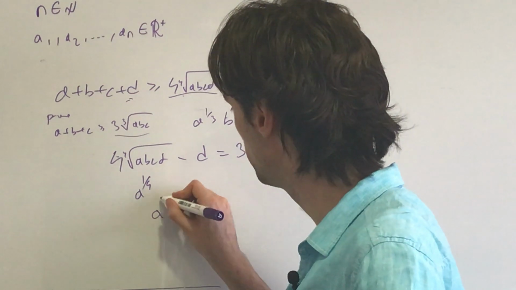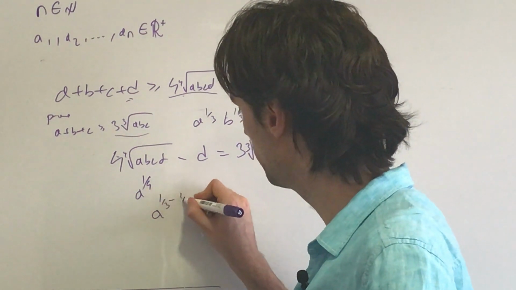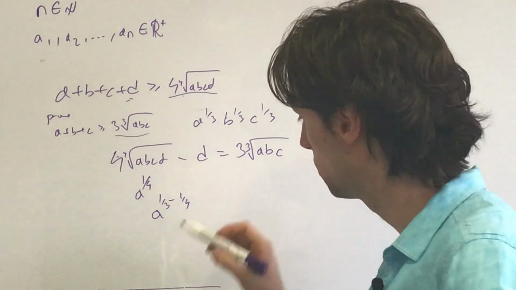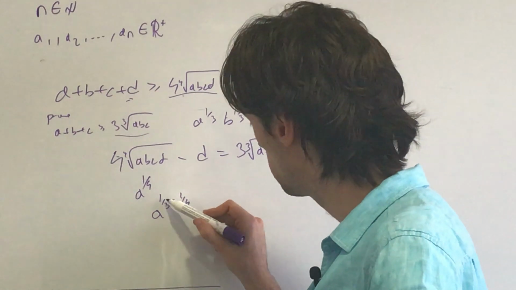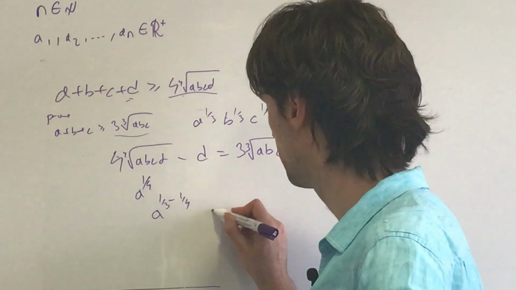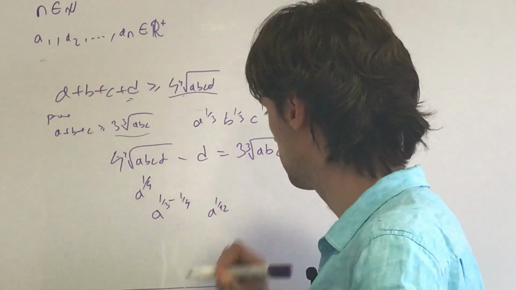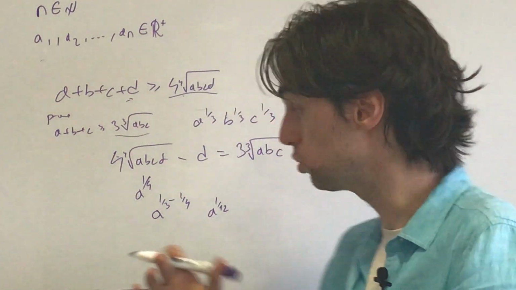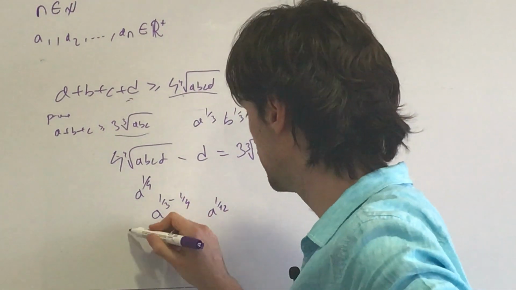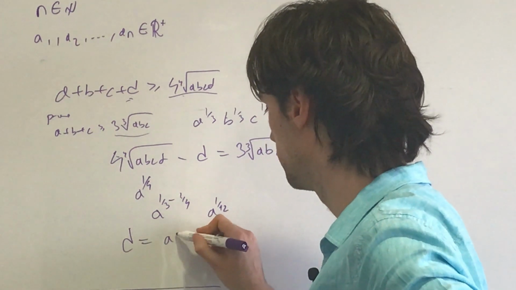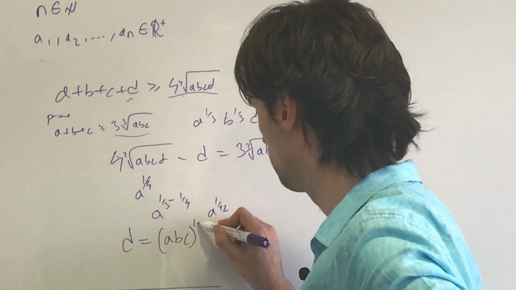I need to have a to the 1/3 minus 1/4. Now what is that? Well, that is a to 1/12, right? So, what do we have when we set d to equal abc to the power of 1/12?